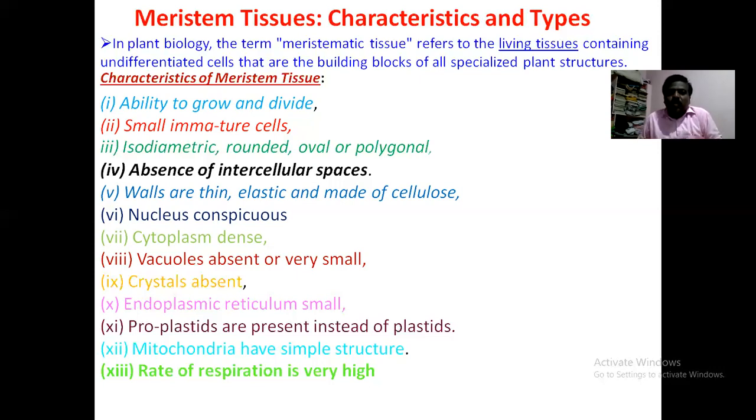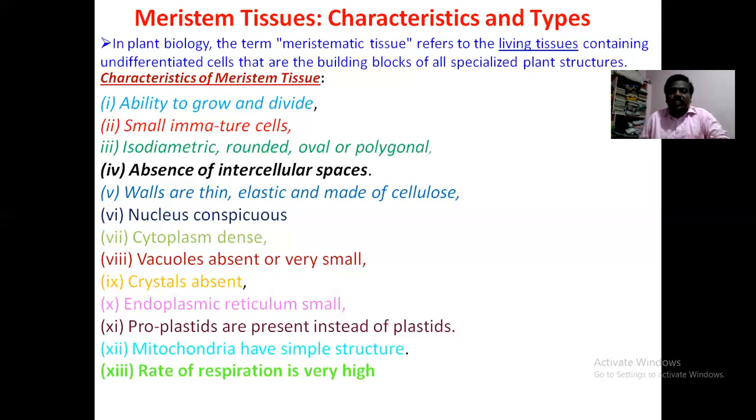There are no intercellular spaces in these tissues, and the cell walls are thin and made of cellulose. The walls are elastic. The nucleus is conspicuous and the cytoplasm is dense. Vacuoles are absent, or some cells have small vacuoles.